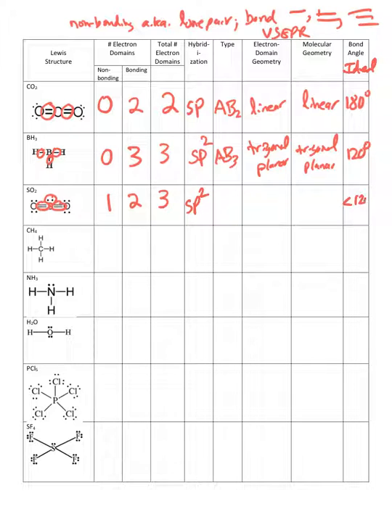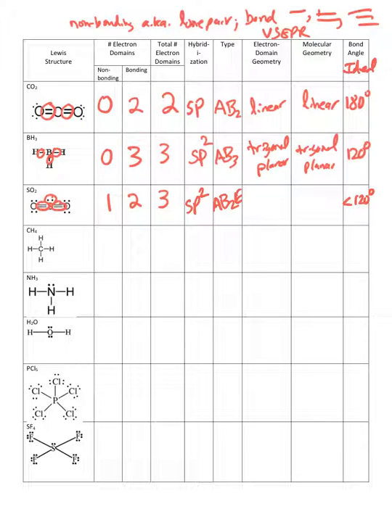This is actually going to be a little bit less than 120 degrees. That non-bonding pair takes some more room on the surface of that central atom, if you want to think of it that way. It's got a greater repulsive force. And so that bond angle may be like 116 degrees or so, but it's going to be less than 120 degrees. This type of molecule I want to call AB2E.